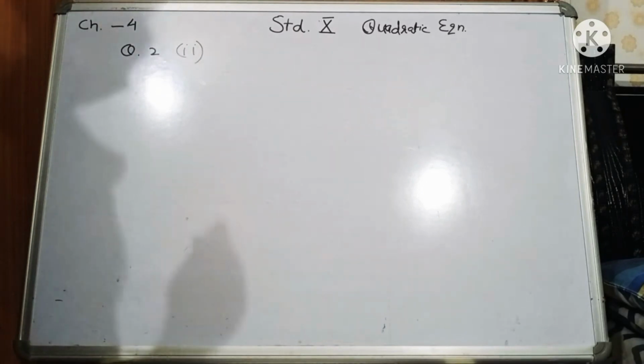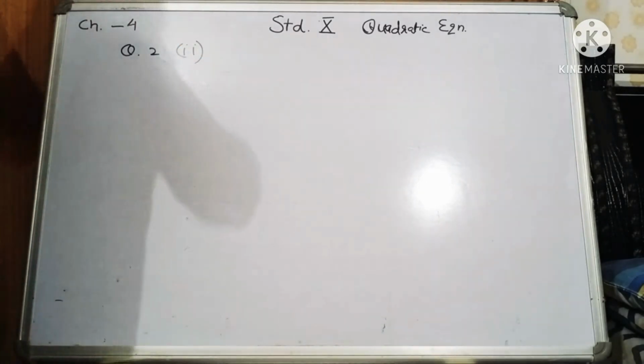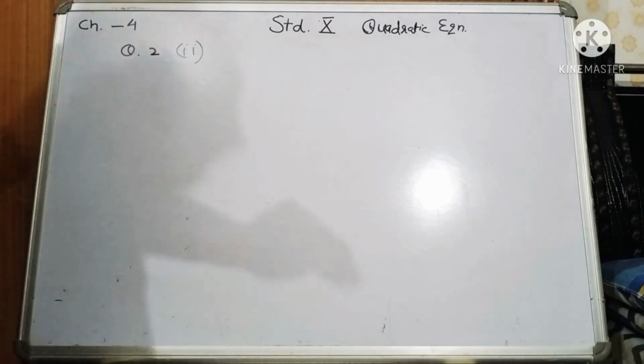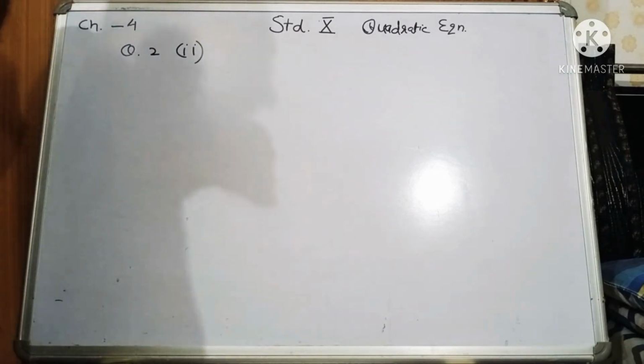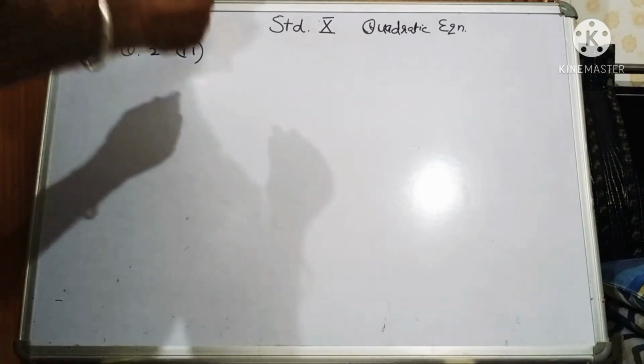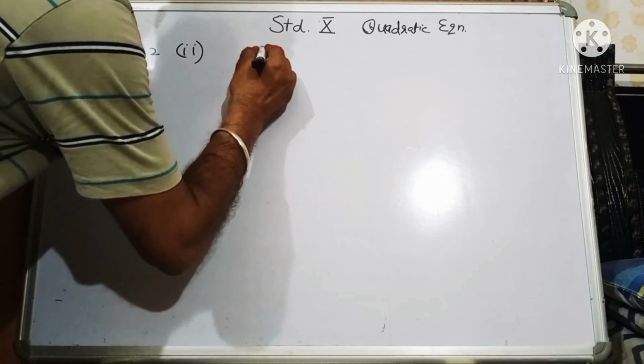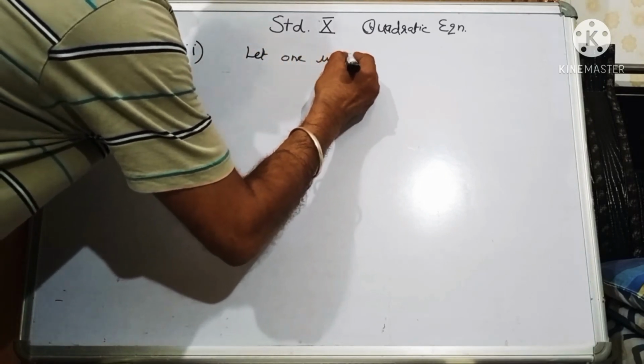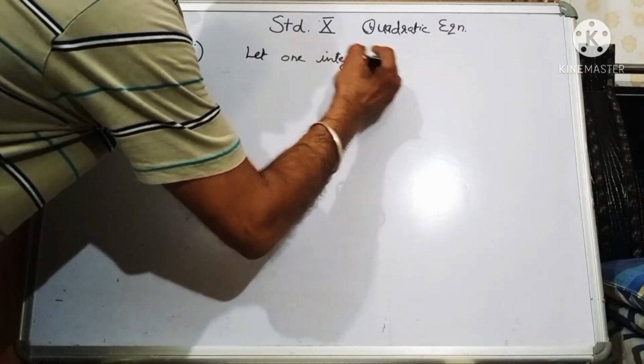Now see part 2. The product of two consecutive positive integers is 306. When it is given two consecutive positive integers, we will suppose one integer is x.